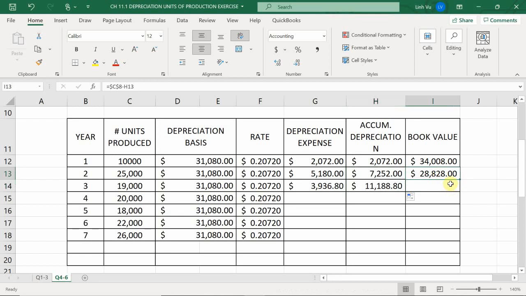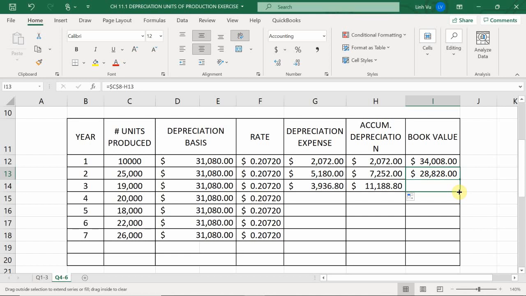Which brings me to a total book value of... What's my book value for year 3?